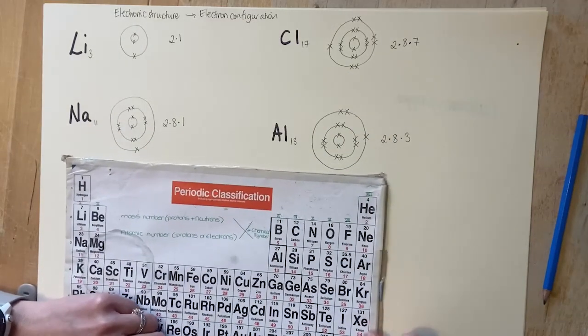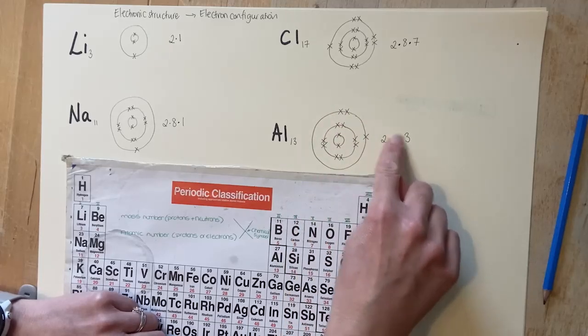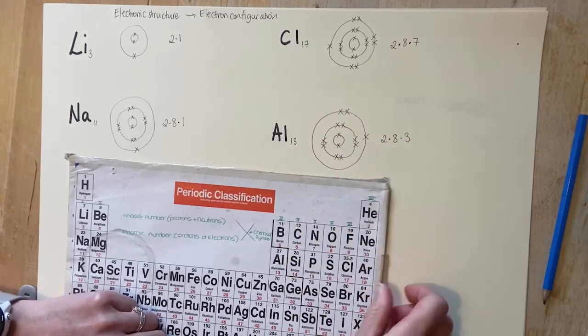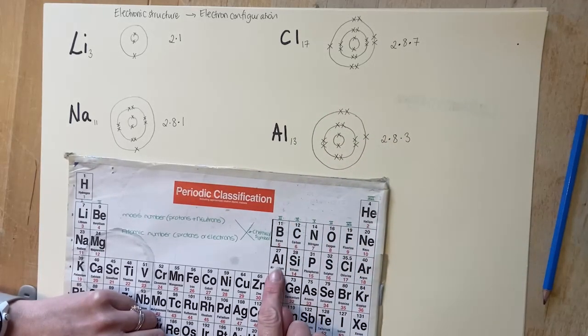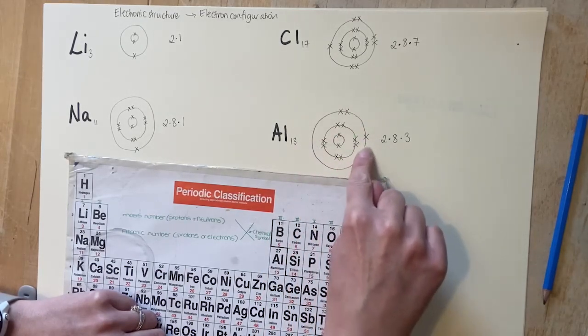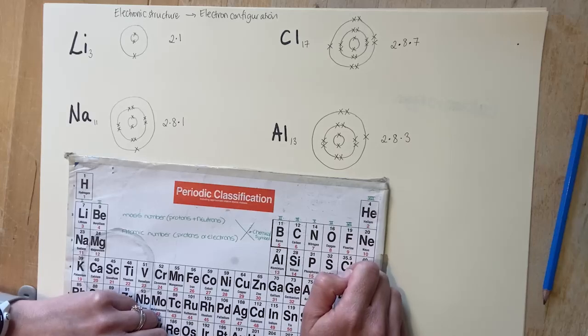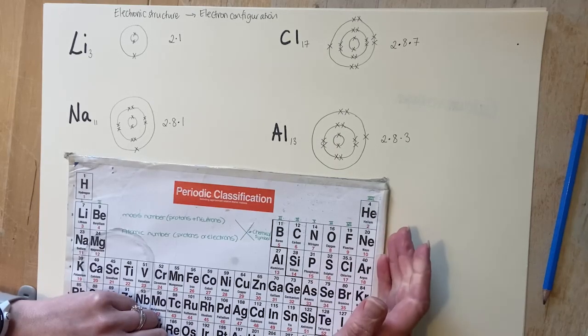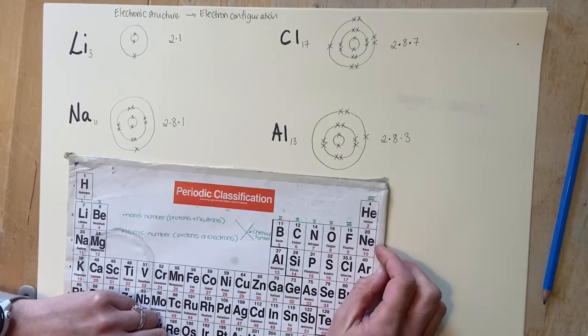And aluminium has 1, 2, 3 electrons in its outermost shell, which means it should be in group 3. Was aluminium? Yes, it's in group 3. So the number of valence or outer shell electrons is the same number as the group that the element is in. It's in that group because of the number of electrons that it has in its outer shell.